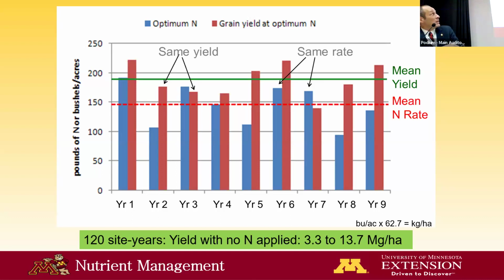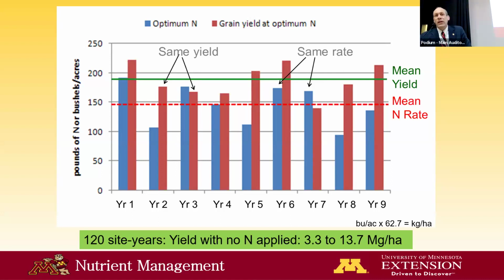And you can see that the only thing that changed in here is the growing season. We basically, in these two, for example, got the same yield with substantially different amounts of nitrogen needed to get to that point. In these others, we got substantially different yields, but we needed about the same amount of nitrogen to get to that point.